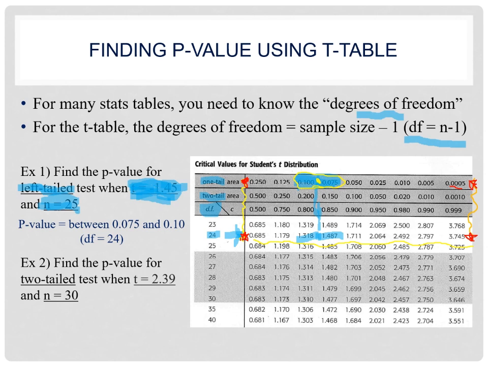So I have a degree of freedom of 29. The reason it's 29 is I have to do n minus 1. Don't forget to do n minus 1. So I'm looking at the row for 29. It's a two-tailed test, I'll keep that in mind, and I'm looking for the number 2.39. So I move to the right and find where 2.39 is in between, right here. 2.39 is somewhere in the middle there.